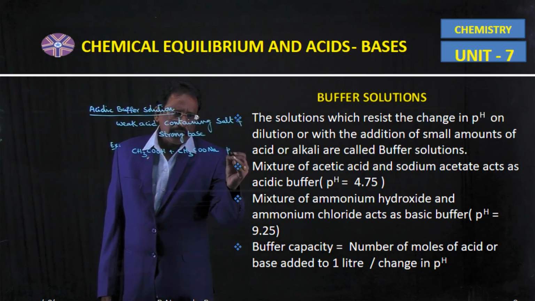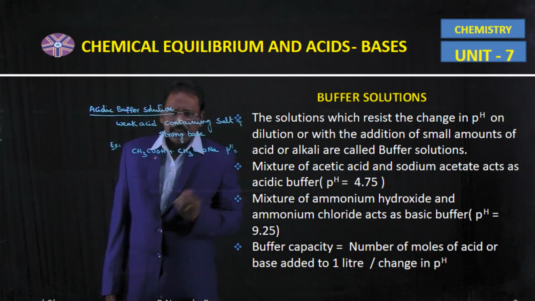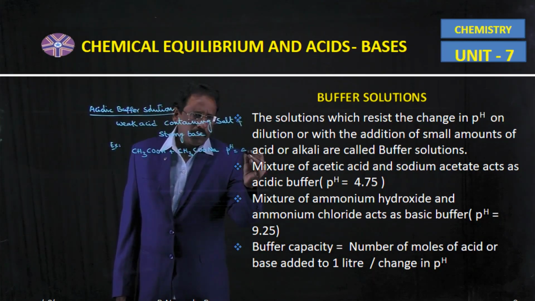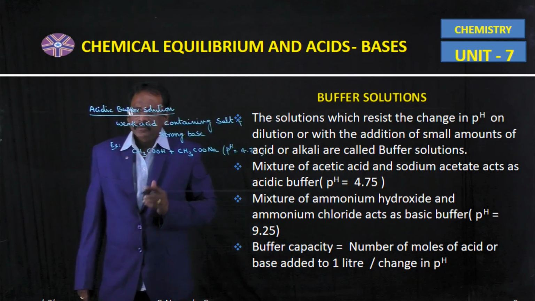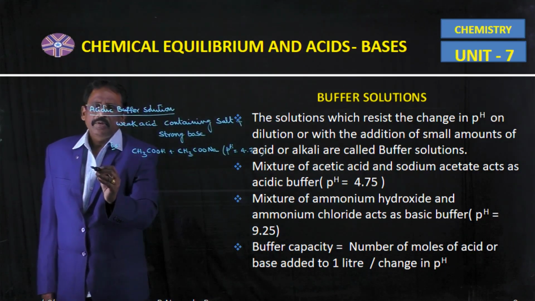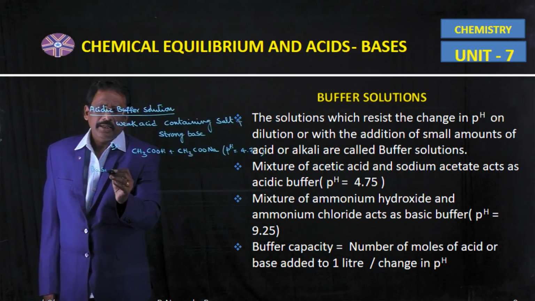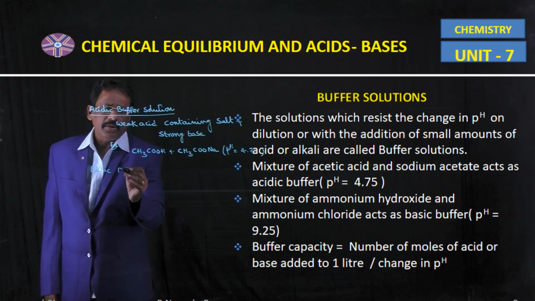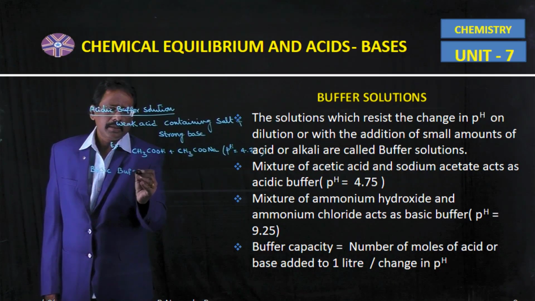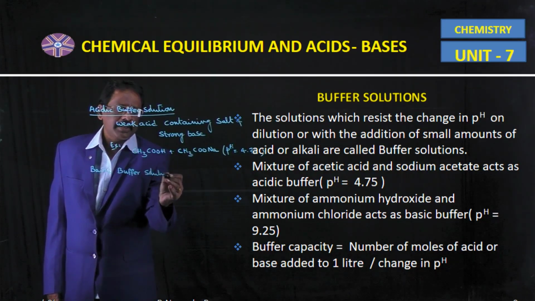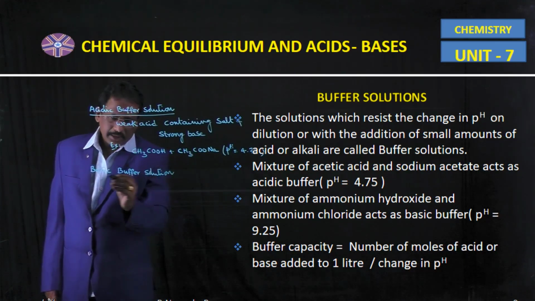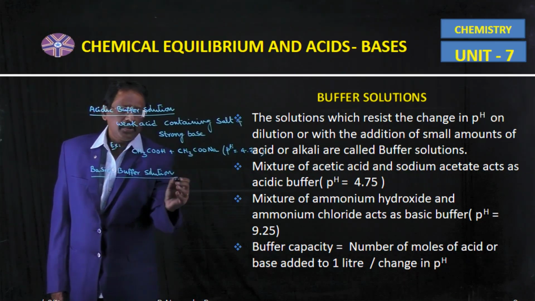For this solution, pH is equal to 4.75. Similarly, another type of buffer solution is basic buffer solution.